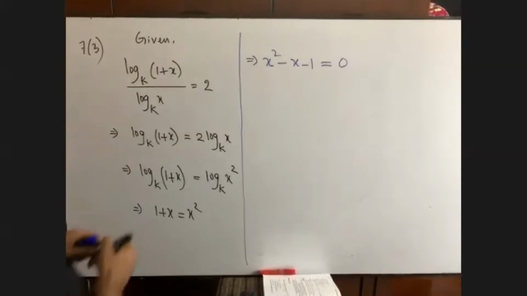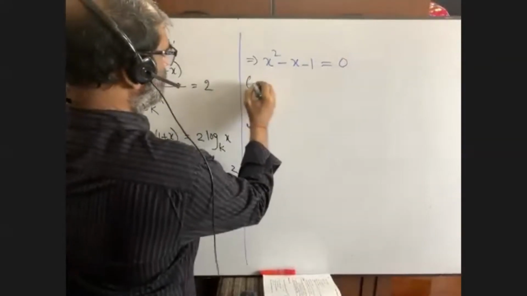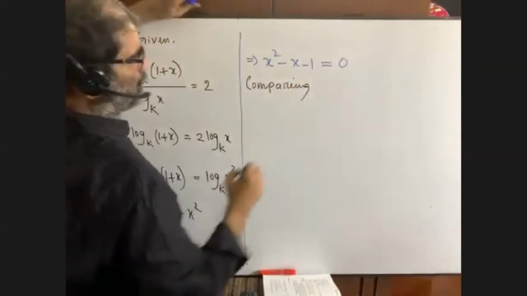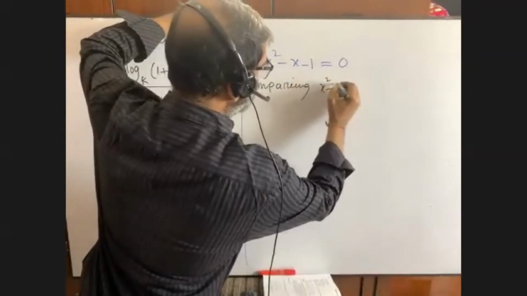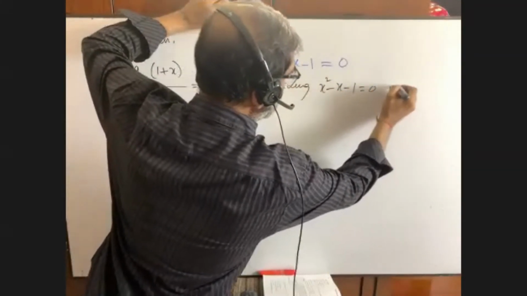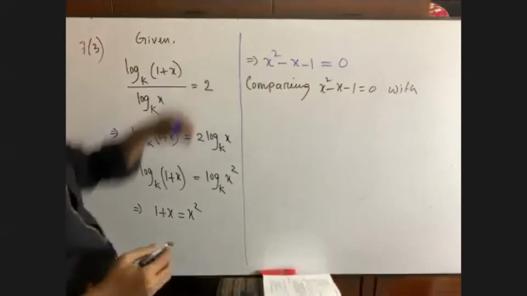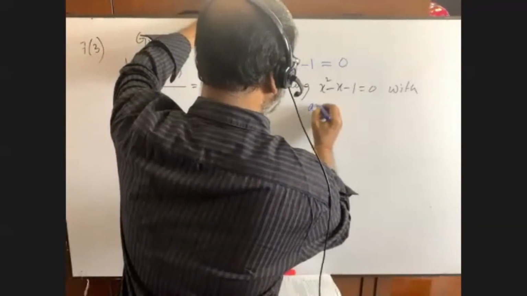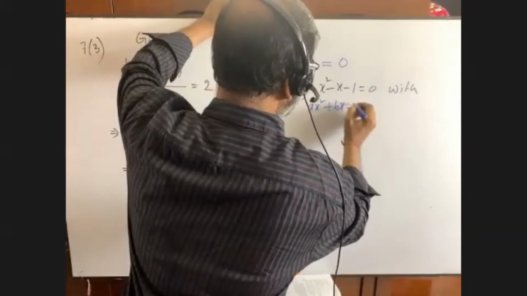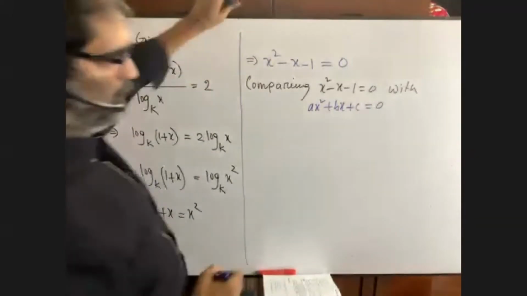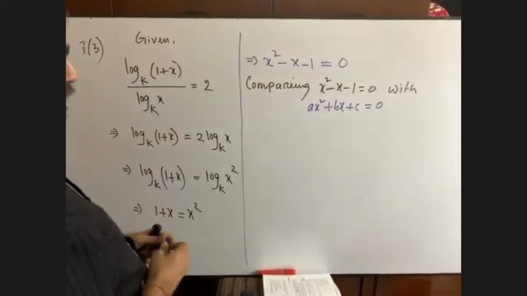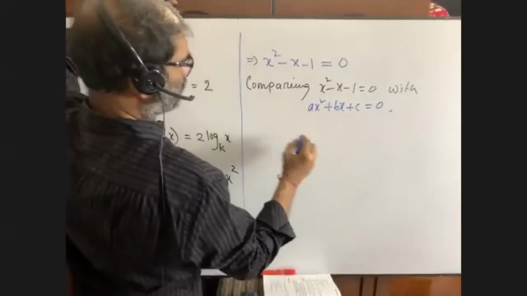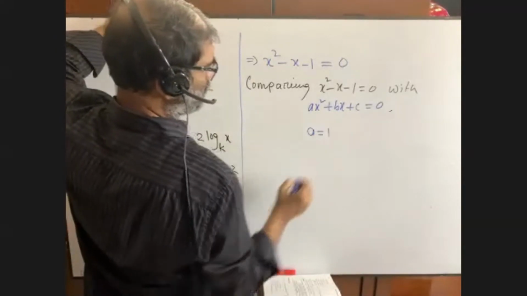Now, what will you do? Write down: comparing x square minus x minus 1 equals 0 with, can you remember please, exercise 5.1, a x square plus b x plus c equals 0. What is the value of A here? A equals 1.